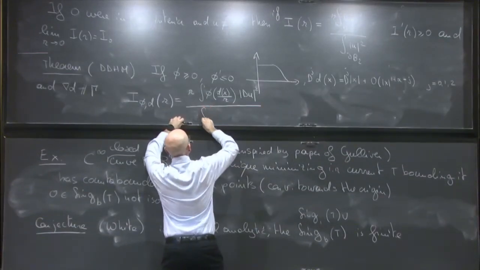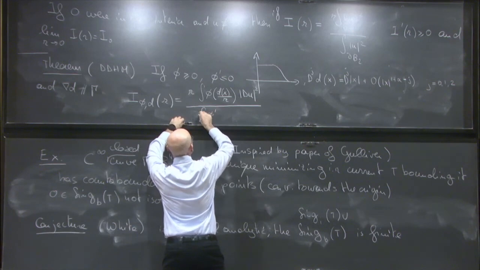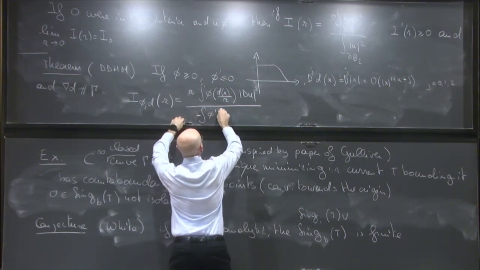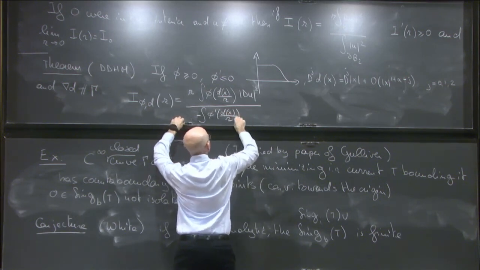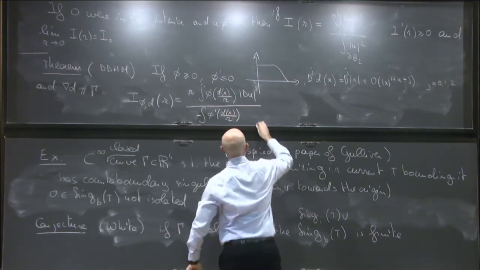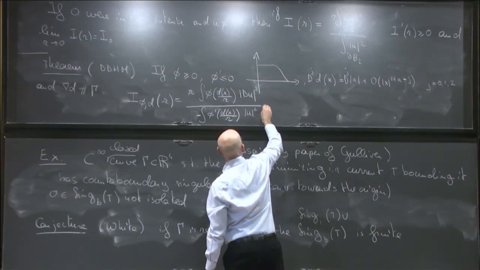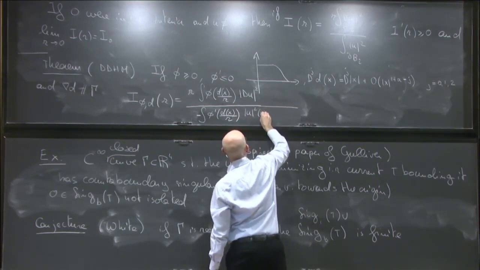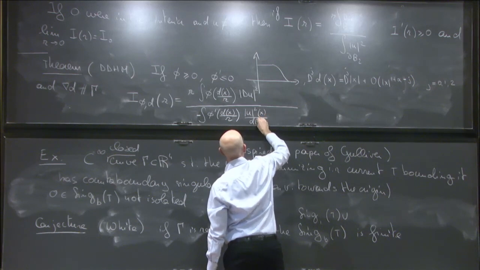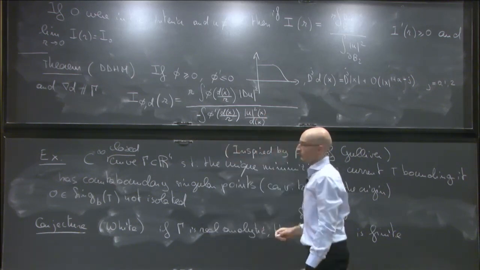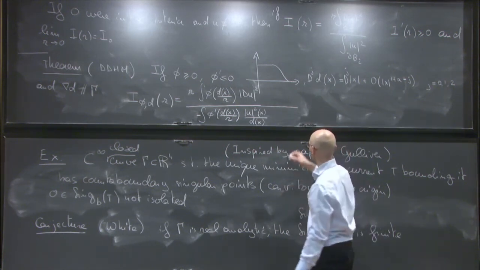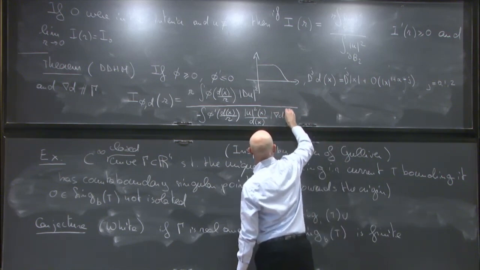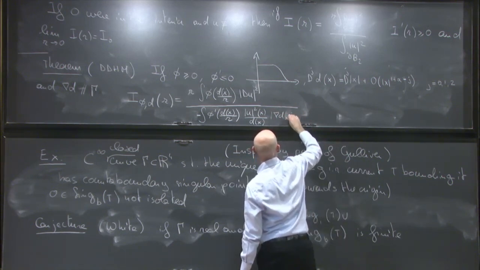Here you need the integral of phi prime, probably there's a minus over here, of d of x divided by r. And then I think you have modulus of u squared of x divided by d of x. And then what I don't remember, there is a modulus of gradient of d squared, but I don't remember if it's in the denominator or not. So let me put it over here. But this might be wrong.